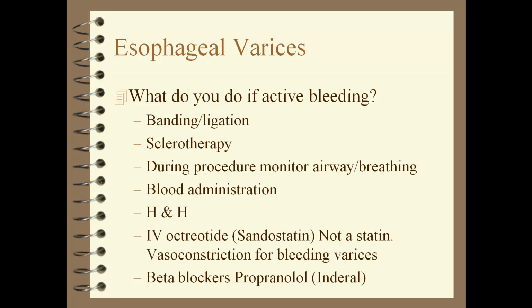We talked about that. That basically causes a tamponade. These patients that have that, you have to deflate the balloon for 5 minutes every 8 to 12 hours or per policy, so the patient doesn't have any necrosis caused by the pressure in the esophagus. You also should be aware they should have vitamin K. Vitamin K is an antagonist and will stop bleeding, so it'll decrease your bleeding time.